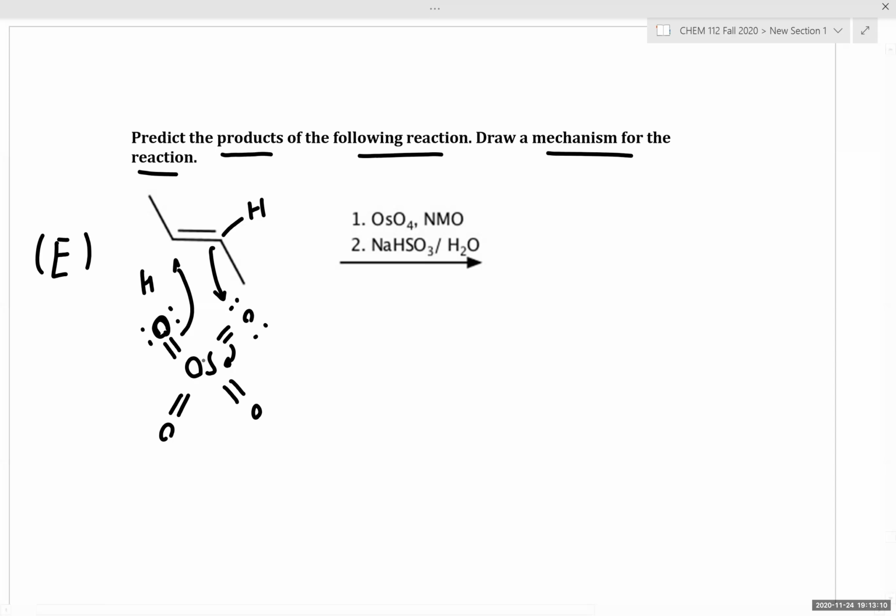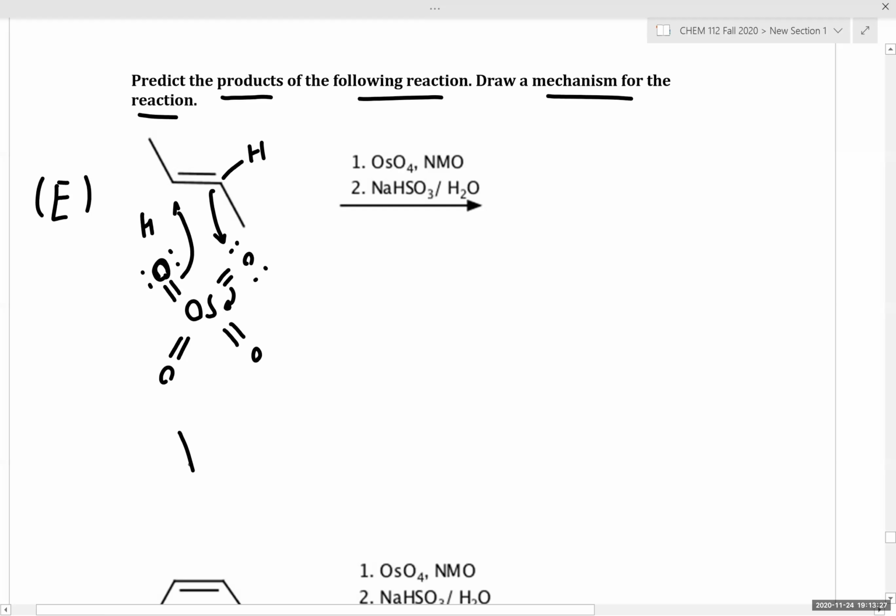Is our alkene being oxidized in this process? Yes, right. You see osmium is picking up some electron density from our alkene. So we then make the osmate ester. That's what you get out of step 1, the osmate ester.